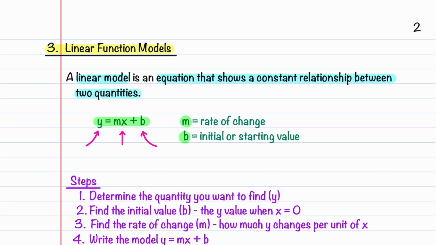And then b, which is our y-intercept, we say is equal to our initial or starting value. We can think of all of these 3 terms like this. Our y can be thought of as our future value. Our m times x can be thought of as how much our function changes. And then the b can be thought of as the present value or initial value of the function.